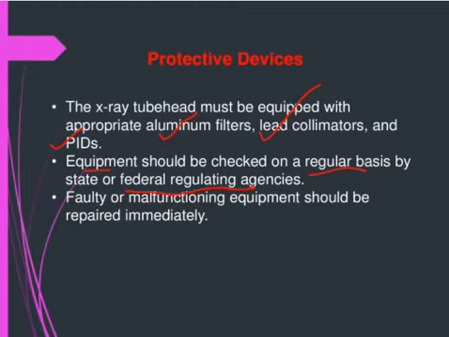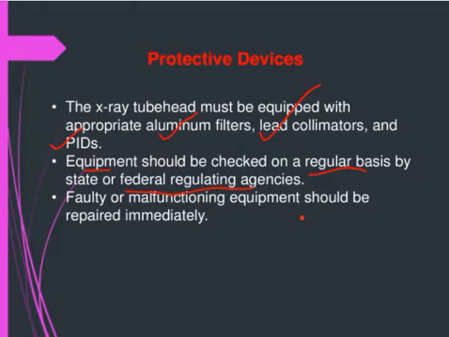Here you have SFDA. SFDA visit all the areas where radiology units are set up every year, and they make sure that the units are functioning properly without a radiation leakage.